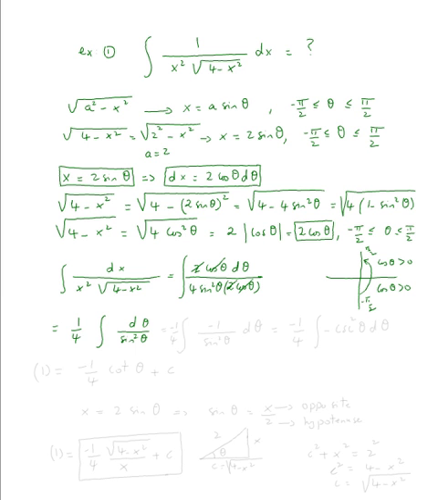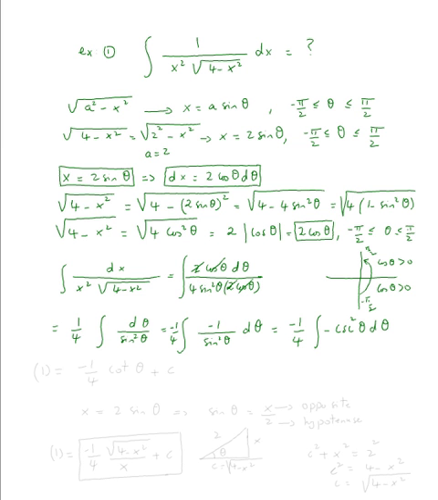Now to avoid substitution, I'm going to multiply negative 1 outside by 1 over 4, and then multiply by negative inside. So this is negative 1 over 4 times the integral of negative 1 over sine squared theta d theta. 1 over sine squared is the cosecant squared, so negative cosecant squared of theta d theta.